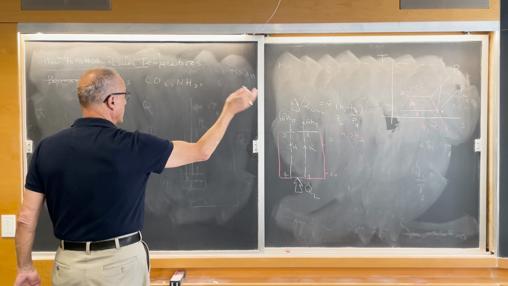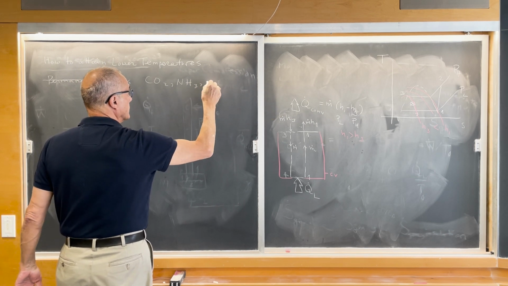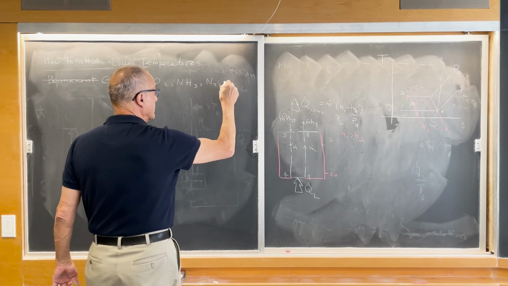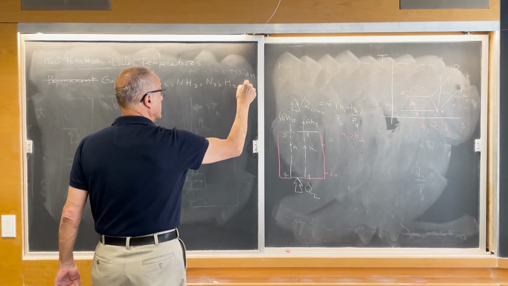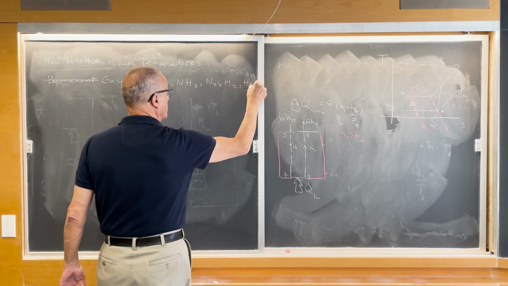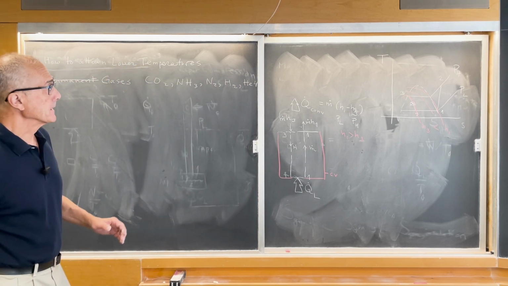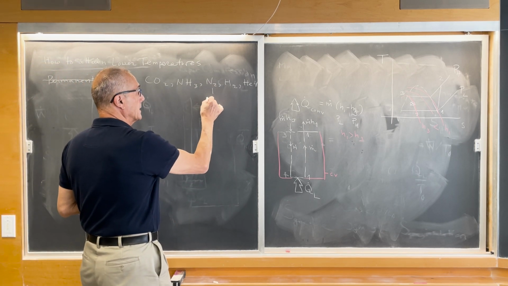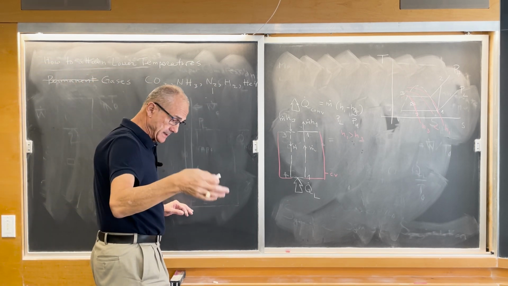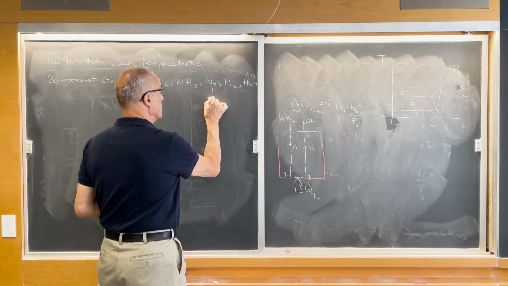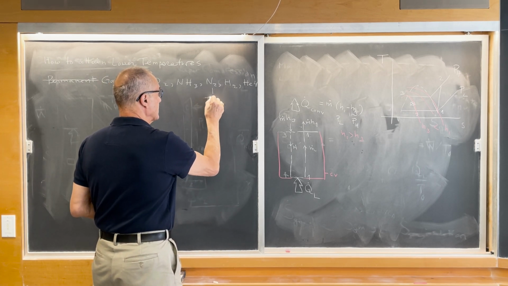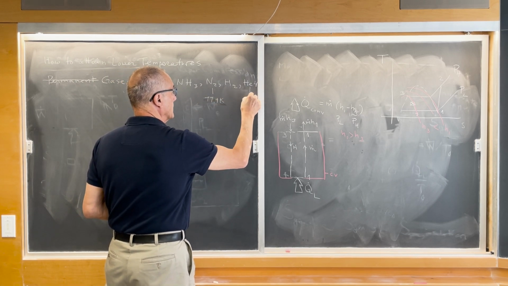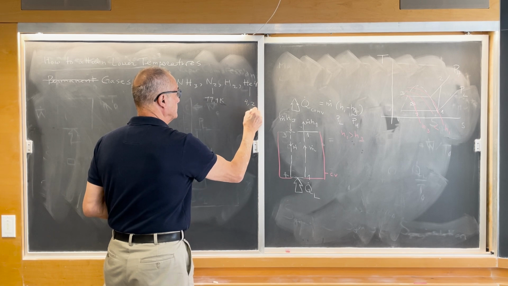ammonia, and then a few others, including nitrogen, and hydrogen, and helium-4. I know really well the boiling point of this at atmospheric pressure, 77.4 Kelvin, and here 4.2 Kelvin.